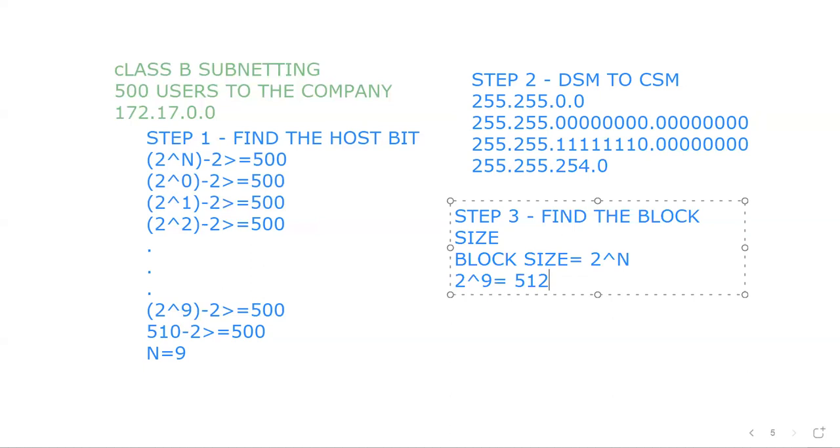So our total IPs will come to 512. Okay. So our IP address starts with 172.17.0.0, which is our network IP, right?